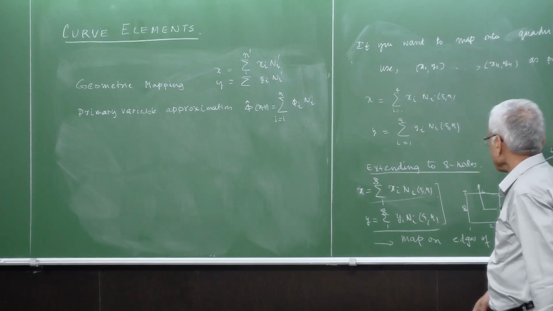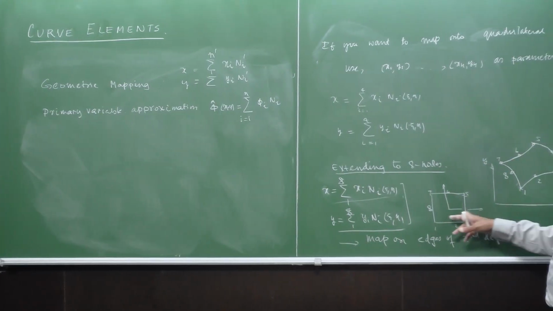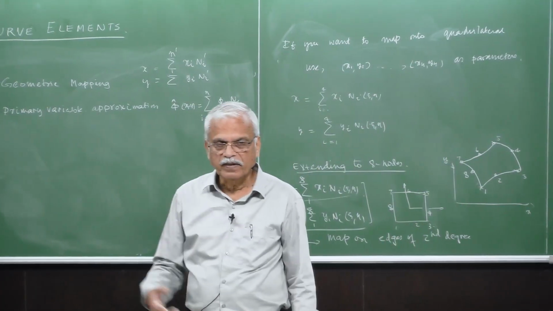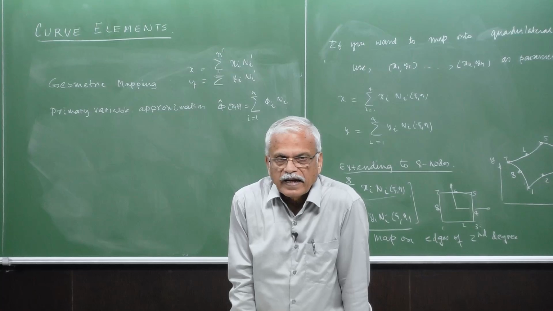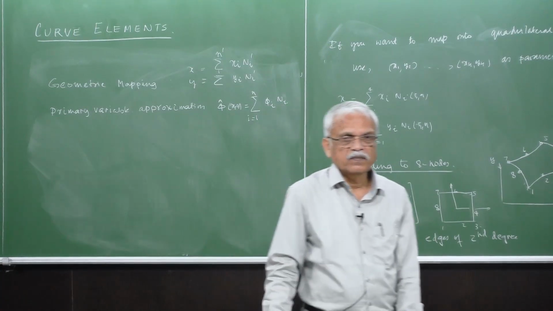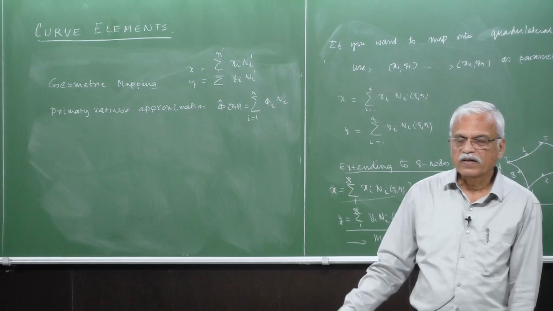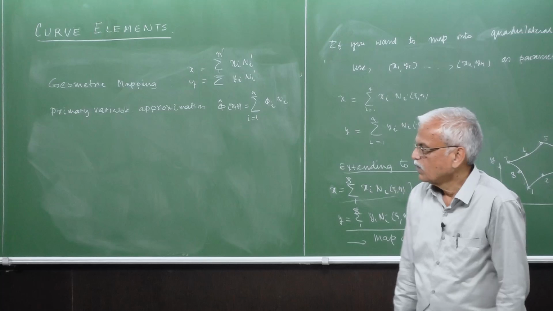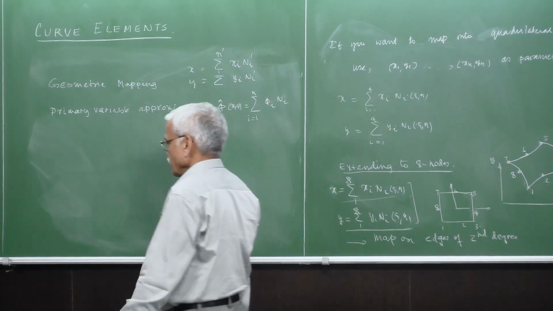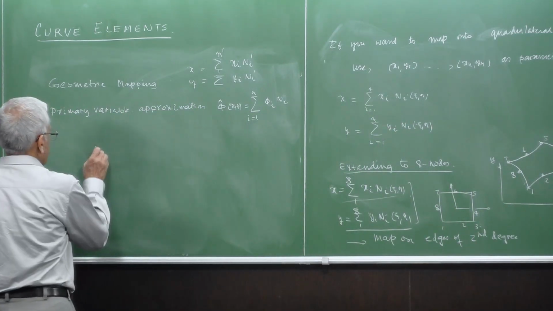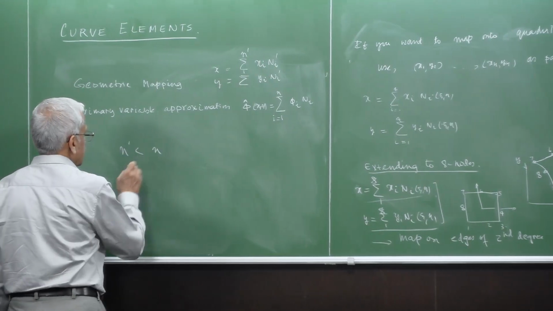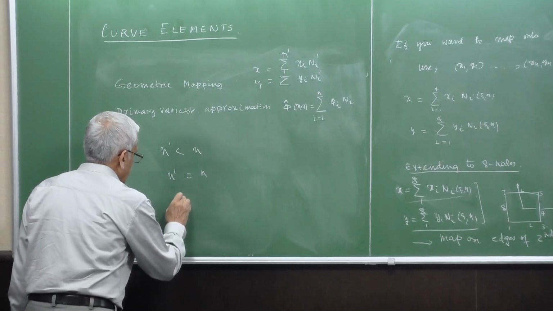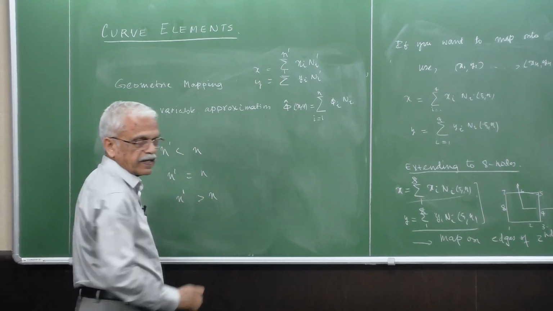Okay, so in fact here we can use 4 nodes for representing the geometry. So if you have a quadrilateral, in the same quadrilateral we can have 8 locations or 8 nodes for representing the variable phi hat. So that means that n prime can be less than n, so the set is different, or n prime can be same as n, or n prime can be greater than n.